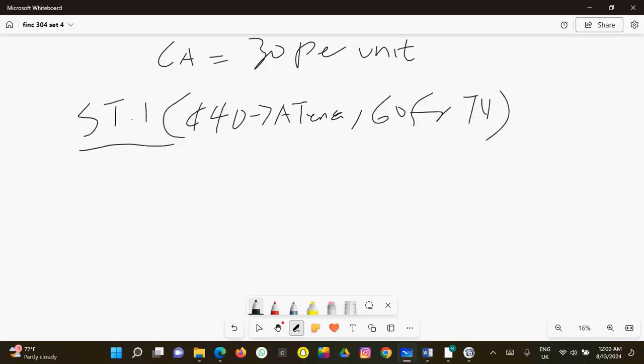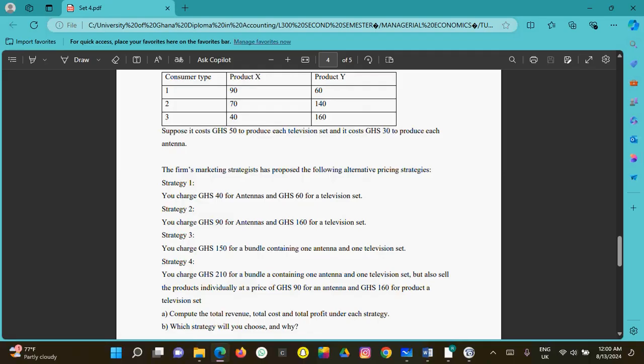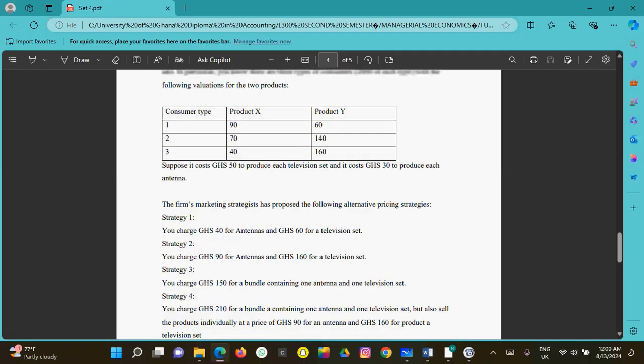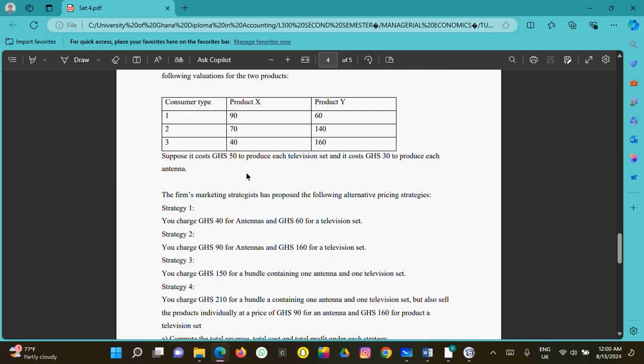To calculate the revenue, let's check the table. If they sell the antenna for 40, consumer type one can buy because they are willing to pay 90, consumer type 2 can buy because they are willing to pay 70, and consumer type 3 can also buy because they are willing to pay 40.